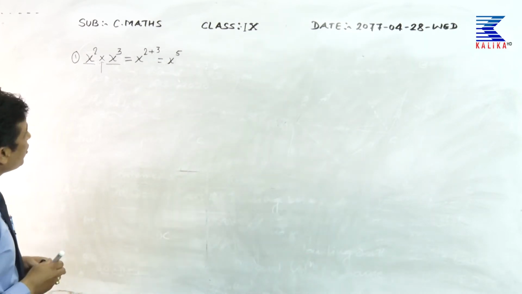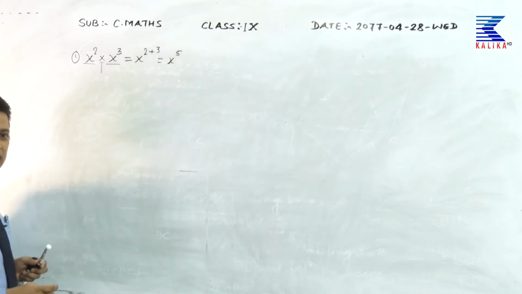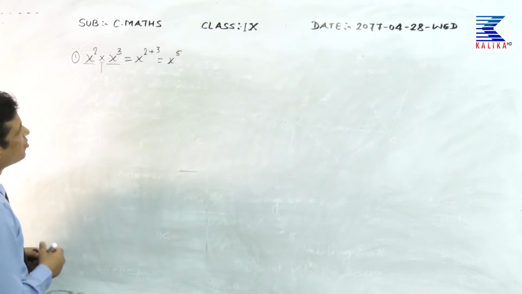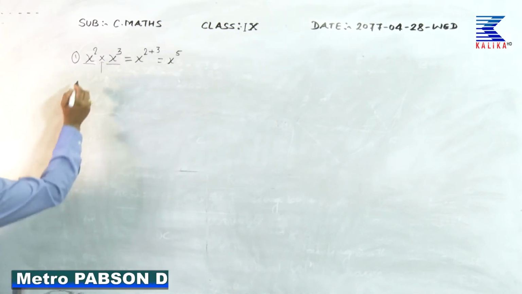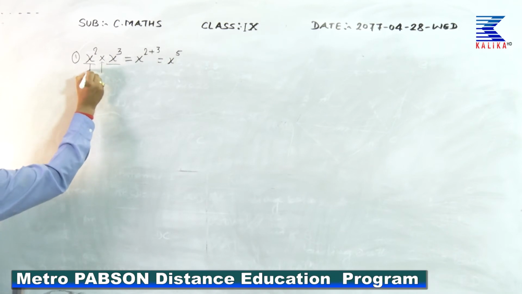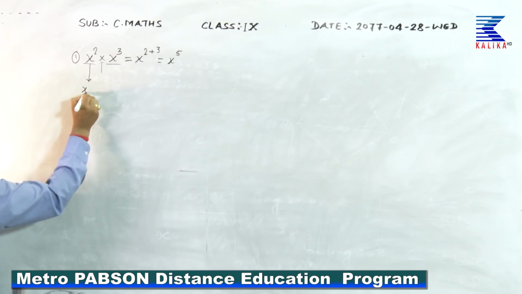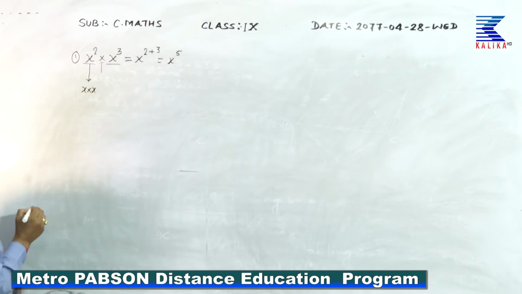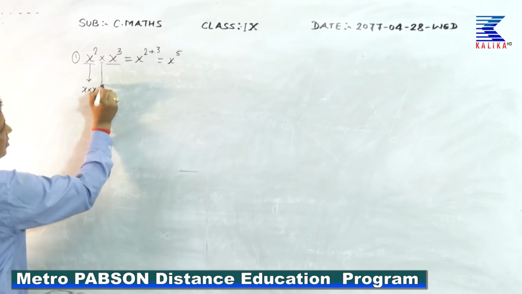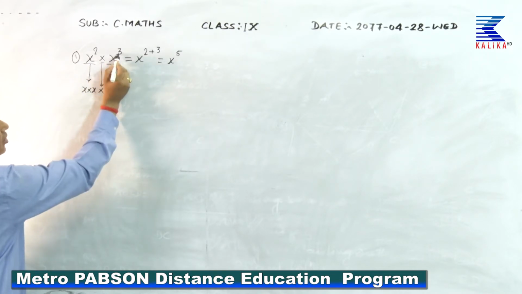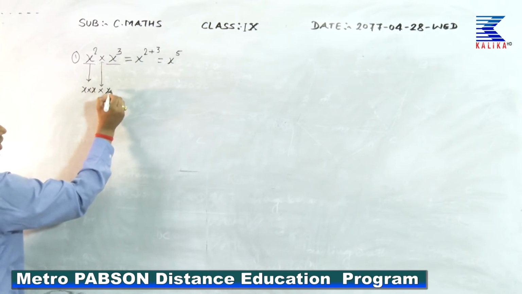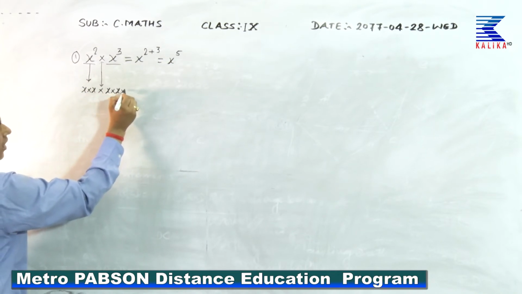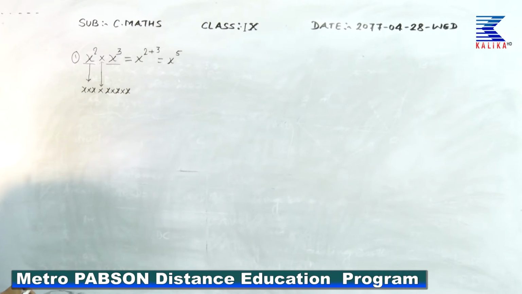Now, if we talk about direct multiplication that you have been learning since junior classes, x square means x times x. X cube also means 1x, 2x and 3x. So, this way we have already practiced.